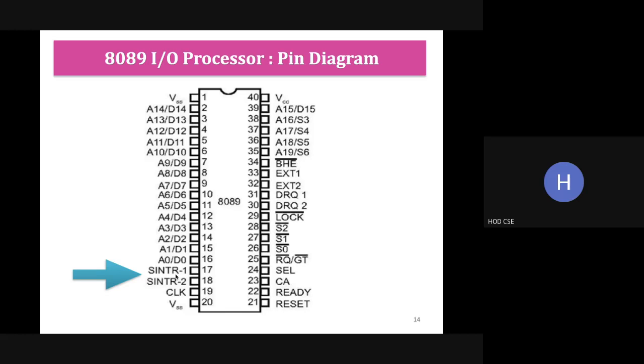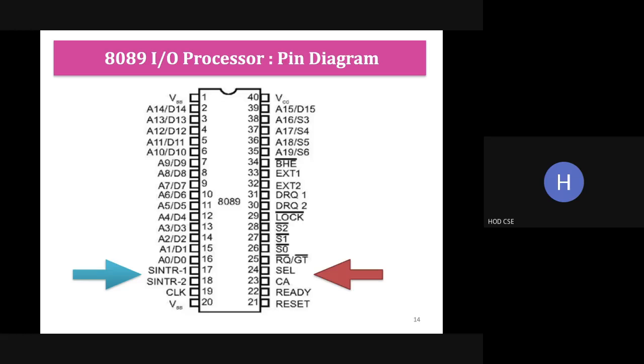Next we have the clock signal, and the 21st pin is the reset signal. It is used to reset and reinitialize all the registers, and then the ready signal. Next are two new signals: SEL is select, and CA is channel attention.